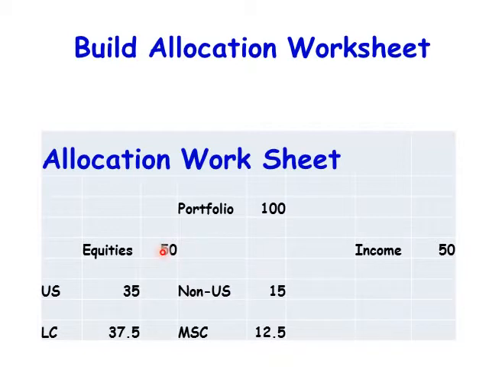From this 50, that's 3/4 of 50, which is 37.5, 75%, and this is 25% of 50 here.